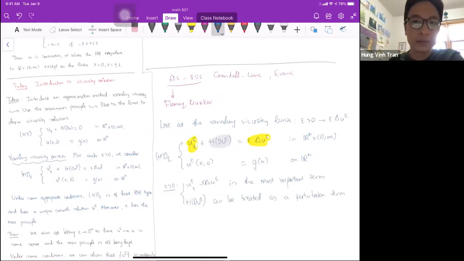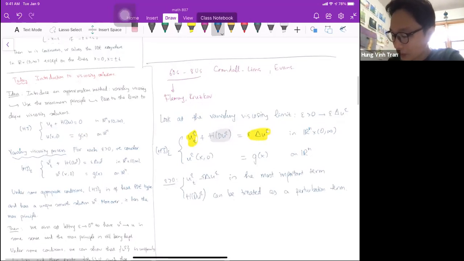Okay, and you can invoke any kind of regularity theory. There are different ways to prove the existence of a solution to this. You can prove a priori estimates, and you can do fixed point theorems, or sometimes for this kind of equation you can also write it directly.